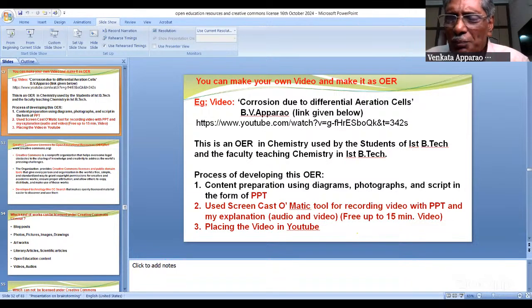We have also developed a course on chemistry for engineering students. Then I have given several examples of free and open education, open software, FOSS, applicable for different disciplines of knowledge. For example, R programming is useful for most of the disciplines.